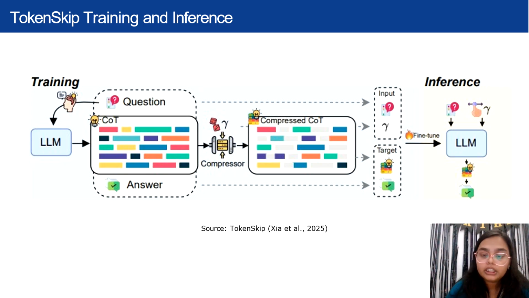On the right, during inference, the user simply provides the question and the compression ratio. The fine-tuned LLM directly generates the short and efficient reasoning steps. So words like "therefore" and all are skipped automatically here.